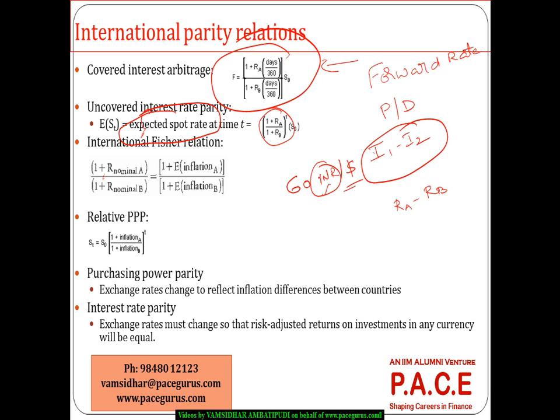So we could generally see that the forward rate is more or less determined by the expected spot rate when there is an active market for it. But when there is no active market, there could be a huge difference between these two. That's one more thing we need to be comfortable with.